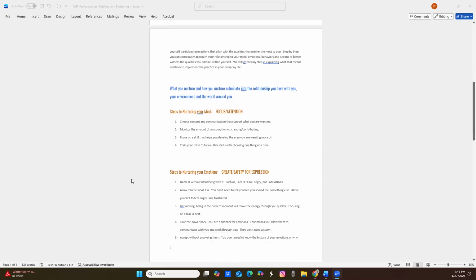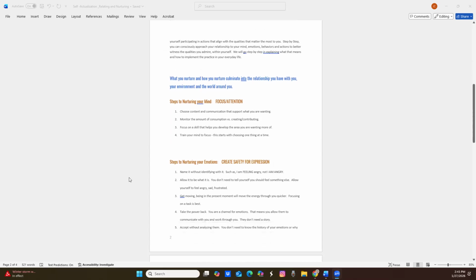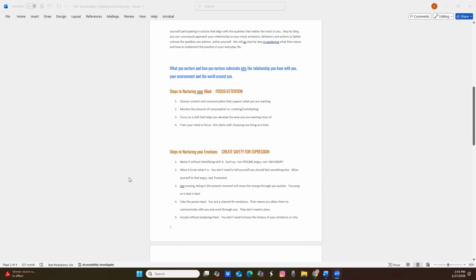So the next step is about nurturing your emotions. And this is about creating safety for expression. Emotions are not always easy to navigate. They can be very powerful. How they are expressed, impressed, and repressed is usually unconscious.